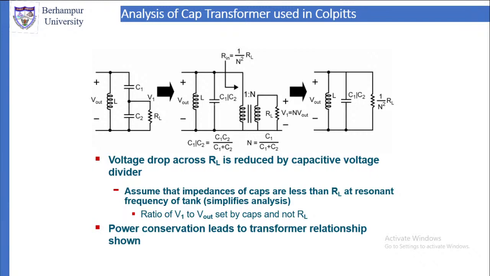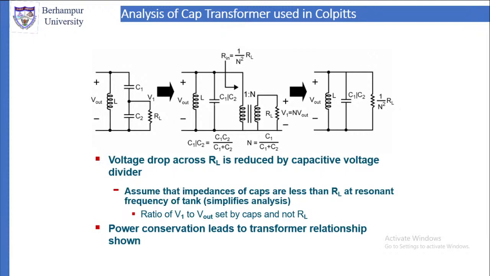Now, for the Colpitts oscillator, this analysis we will use in the other oscillators also. So what we will do is look at the circuit. The circuit has two capacitors C1, C2 and L, and they are connected to the load via RL, and we will find out its equivalent circuit.